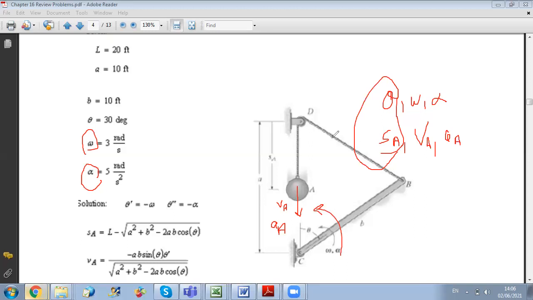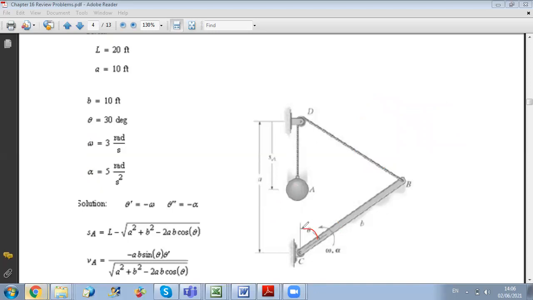So to start with, let us look at the figure and try to relate our angle theta to the value of SA. First, what is fixed in your figure are the following parameters. The distance between D and C will not change. This is a. The length of your rod is constant also, it will not change. So a and b are fixed.